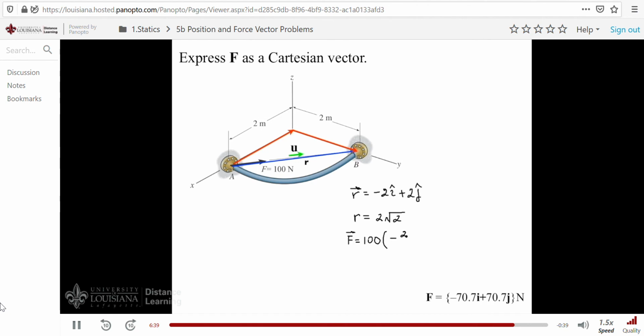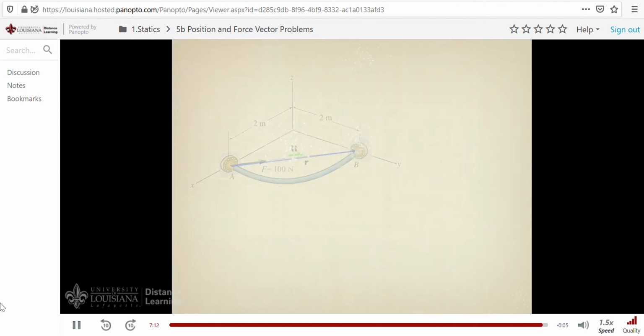Minus 2 divided by 2 square roots of 2, and this is i, of course. Then we have plus 2 divided by 2 square roots of 2, and this is our j component. There we go. Multiplying everything through, you get our result, which is shown here. And so having completed the problem, we'll end our lesson.